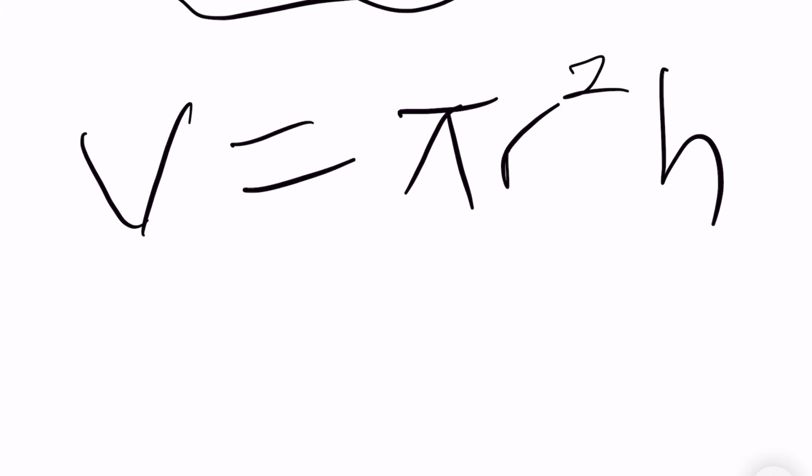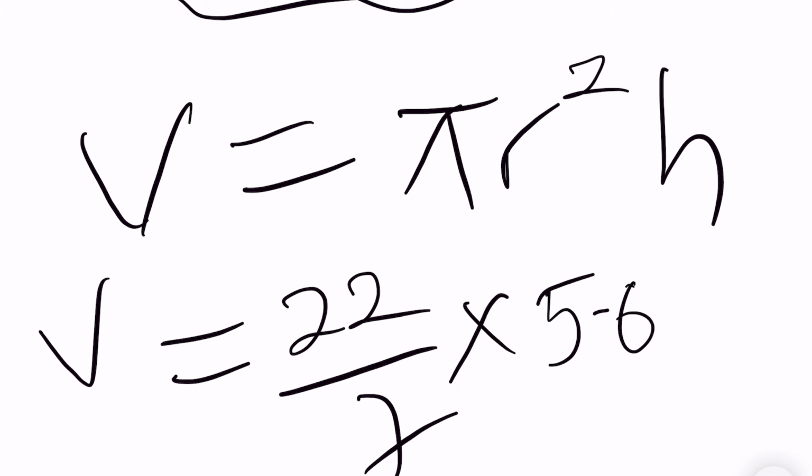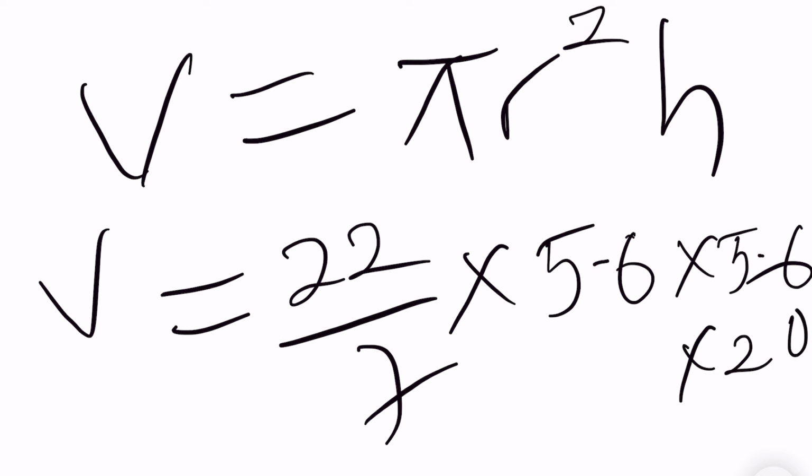Now, to find the volume, we have the volume to be pi r squared h, where we have V to be 22/7, and our radius is 5.6, and we have our height to be 20.